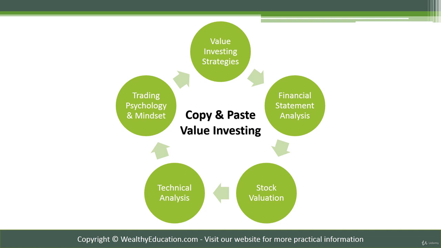Next, you'll also need to learn more about stock valuation. At least you should master how to use the discounted free cash flow model so you can project future cash flows of a company and estimate its intrinsic value. And when you're done with the intrinsic value, things will become much easier. Your next step is to use technical analysis to determine the best time to buy and sell your stocks.